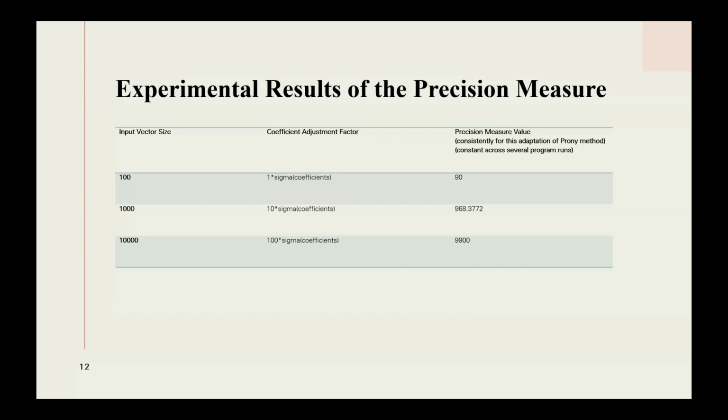And when the input size is increased to 10,000, and we have a coefficient adjustment factor of 100 sigma in the computation, then the assured minimum empirical guarantee is that we'll recover 9,900 of those signals. This was proved by several iterations of the program on different input sample sizes.